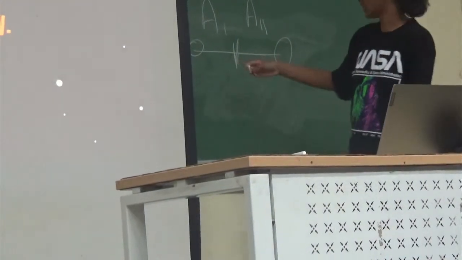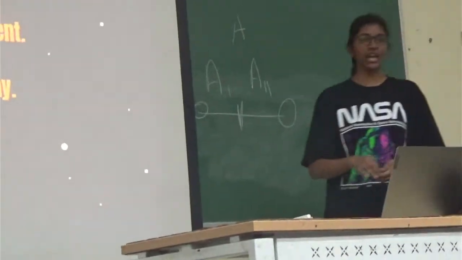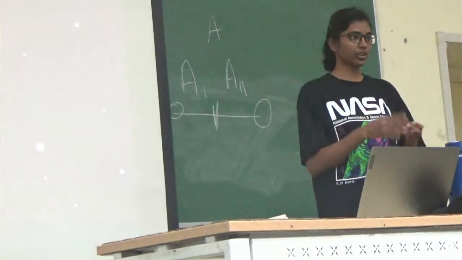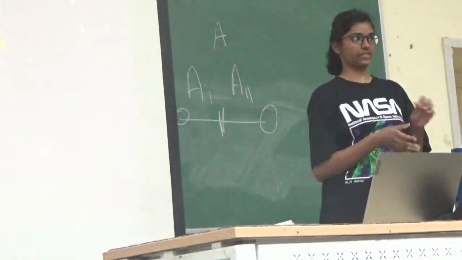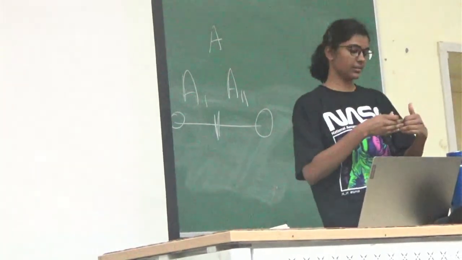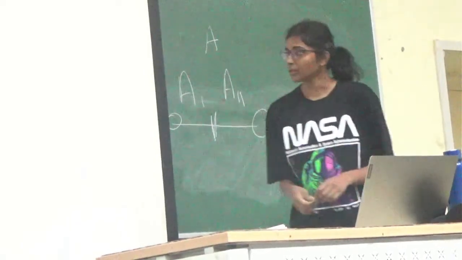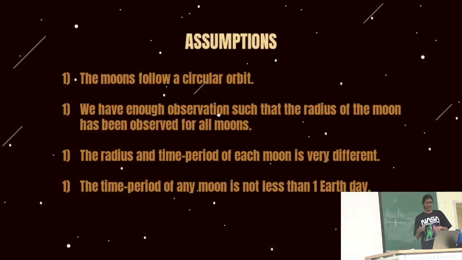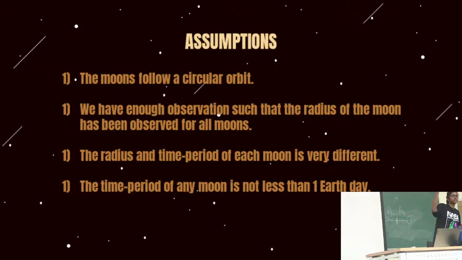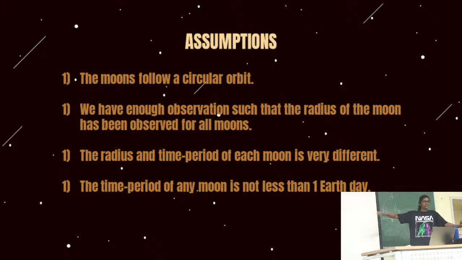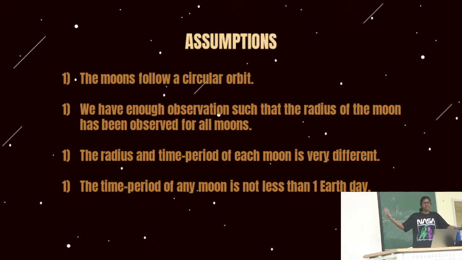For all 4 moons, we assume the radius and time period are different enough that you can recognize each one. And the time period of a moon is not less than 1 day, because we can only observe at night, so we have to assume none of them has a period of just one day.